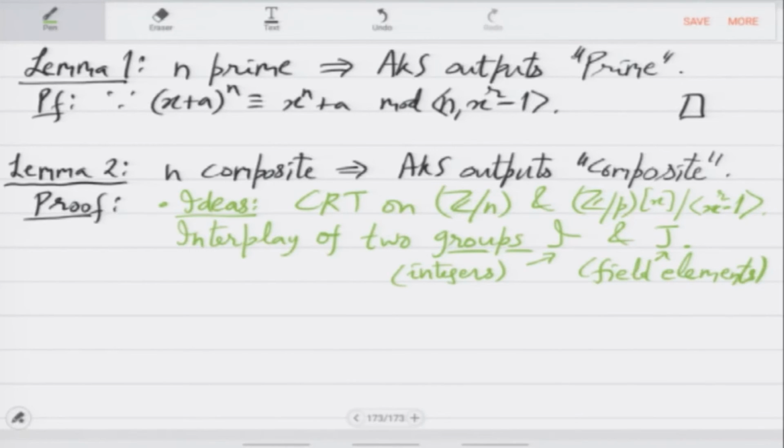So these are the two groups which will help us finish the proof.